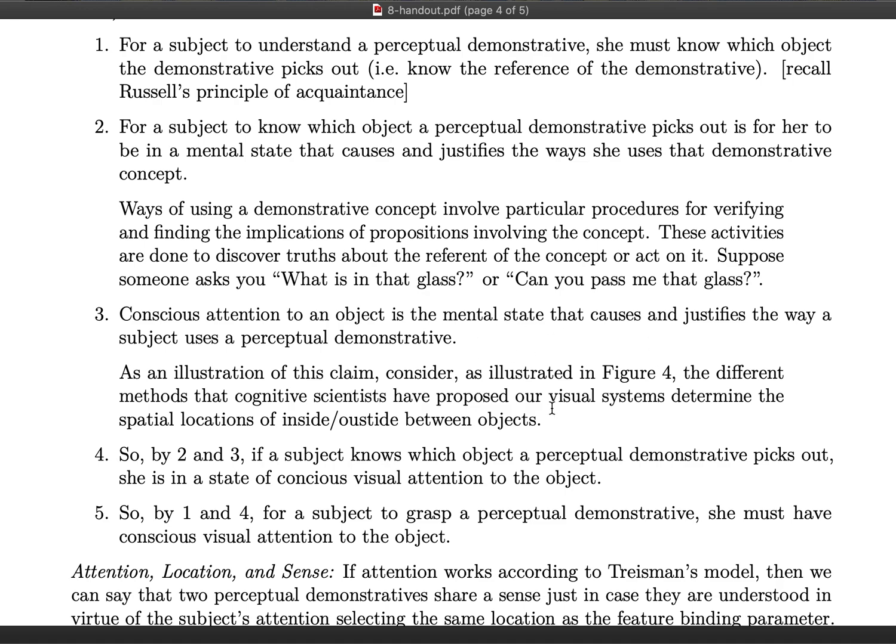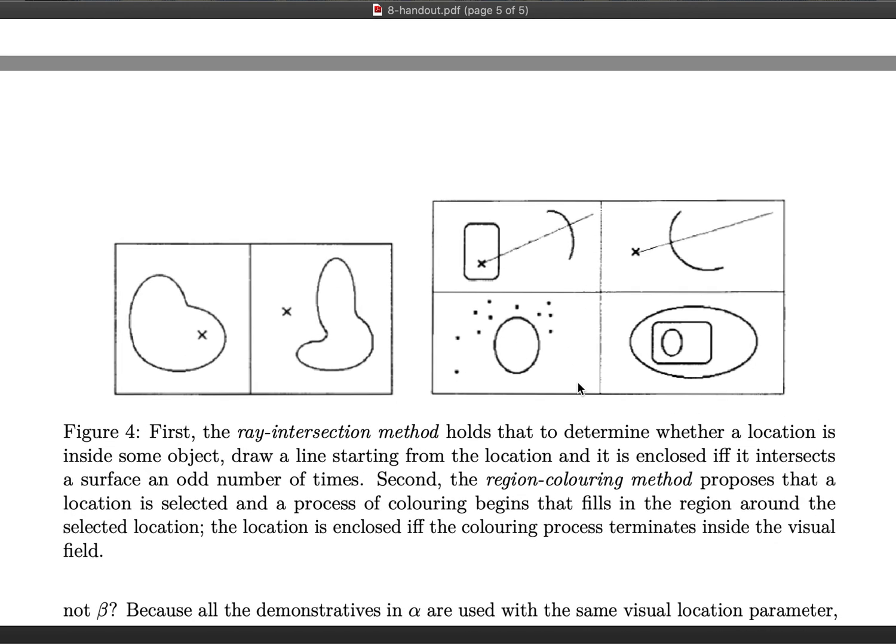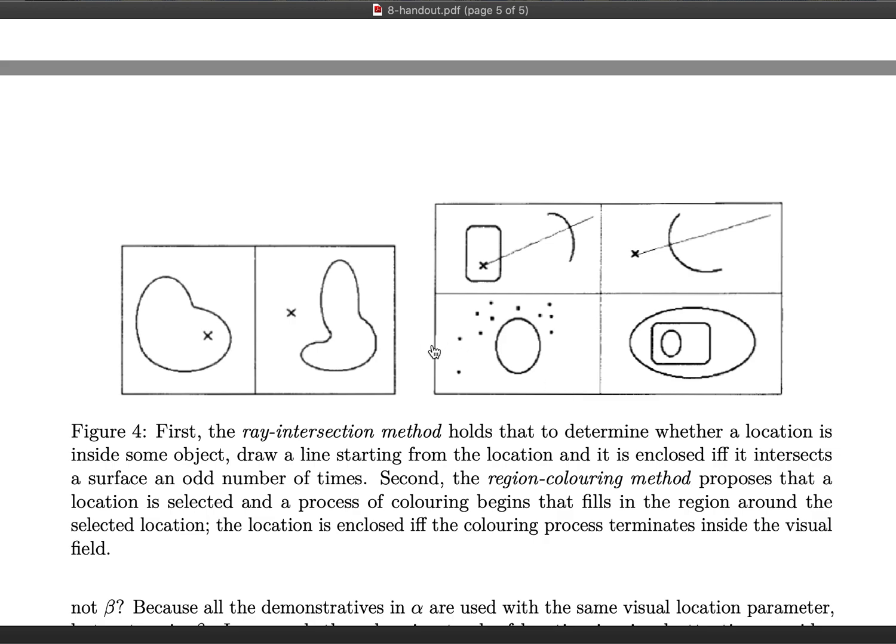But there are some other examples of how attention causes and justifies ways of interacting or gaining information about objects from cognitive science. So in cognitive science, there are different proposals for how it is that our visual system determines whether certain objects are inside another object or whether certain objects are enclosed.